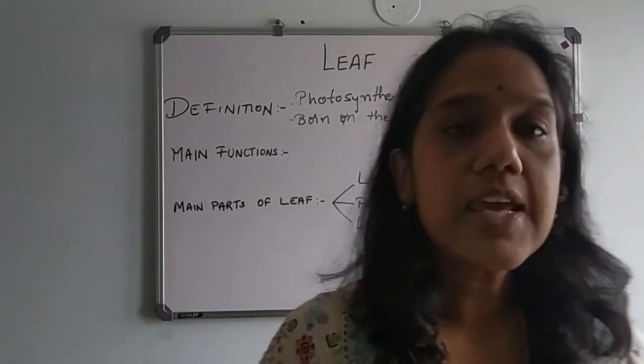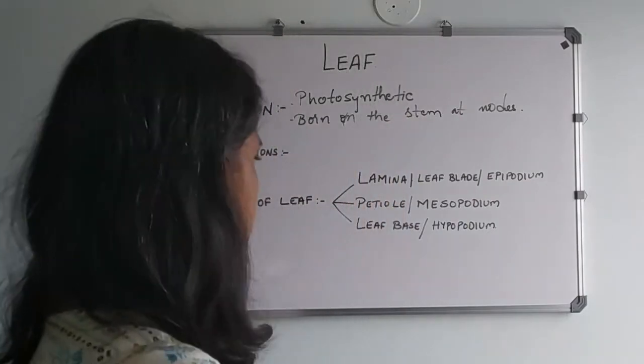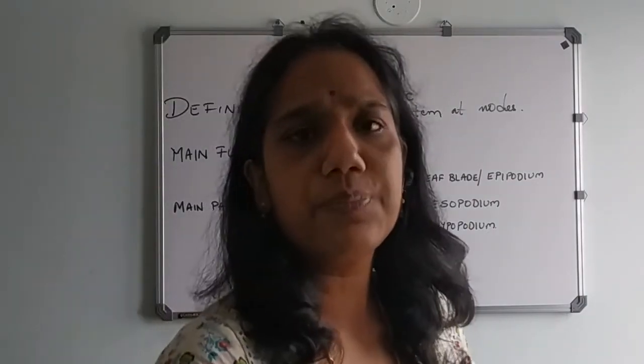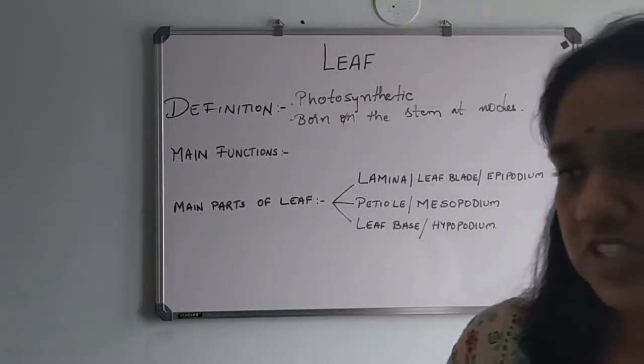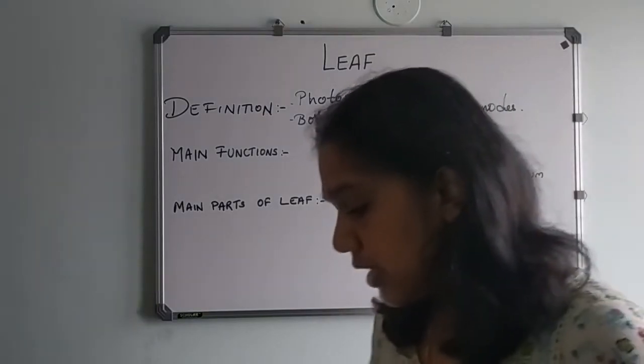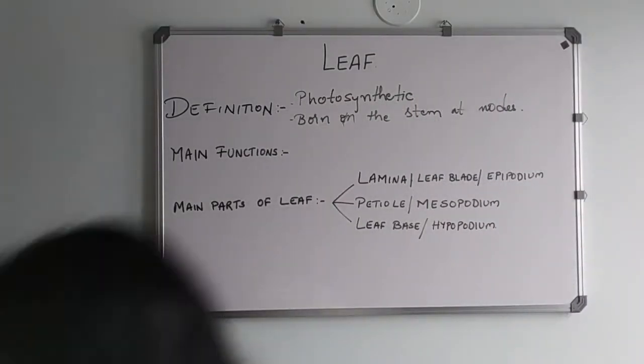Now these leaves have got many functions to perform. You all know that a leaf is green in color and it has to perform photosynthesis, which forms the foremost functionality.